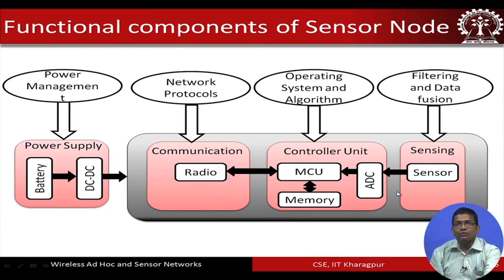Then we have the controller unit, which hosts the operating system and executes the different algorithms, and handles data filtering and fusion. Then you have the sensing unit. So, these are the main functional components of a sensor node.